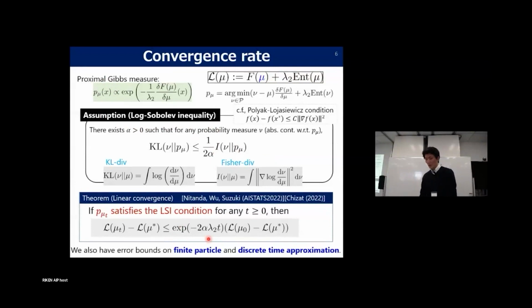Even though there is some entropy regularization, we have exponential convergence. This is very good for us because we have a global optimality guarantee for the mean field Langevin dynamics. Just by running it, you can optimize the convex functional on a measure space.